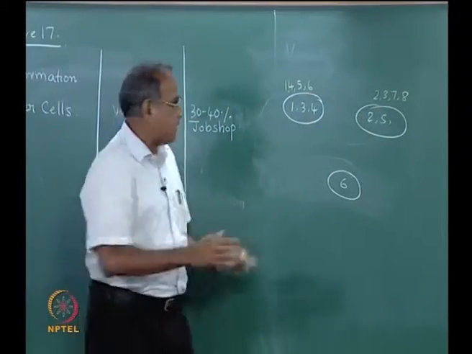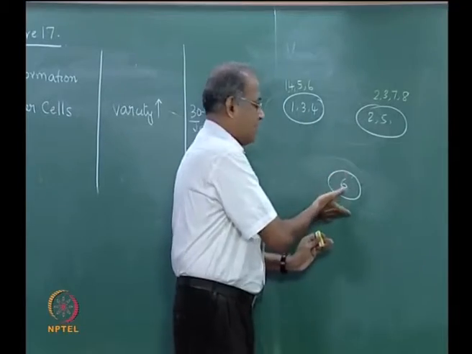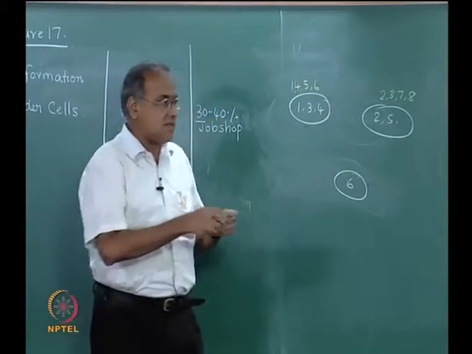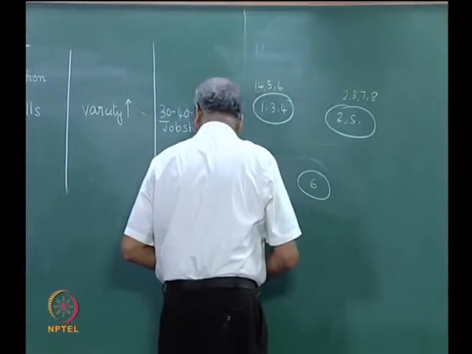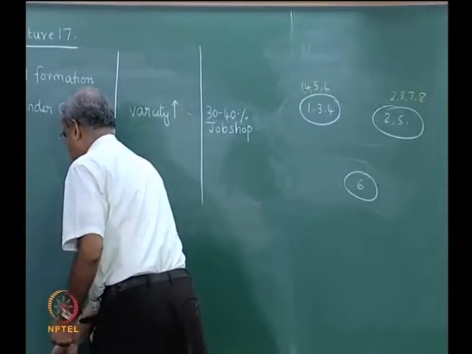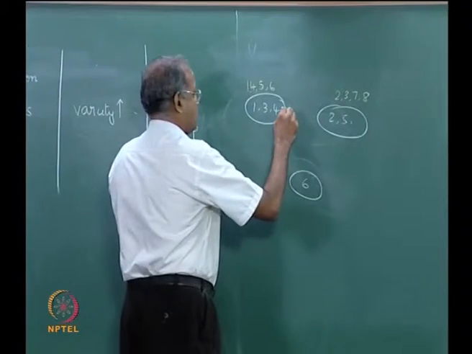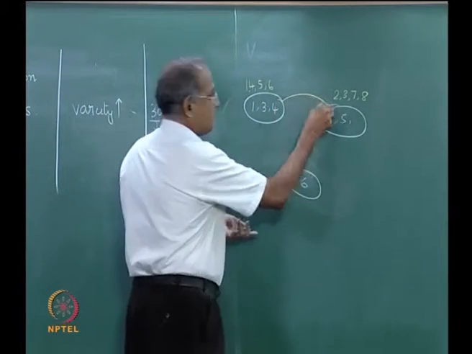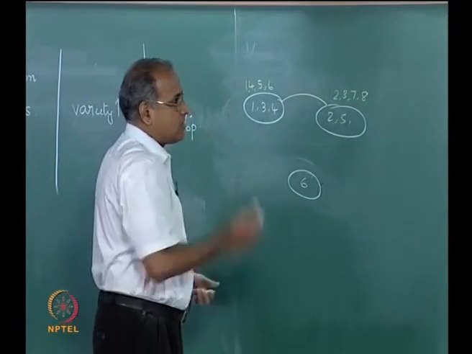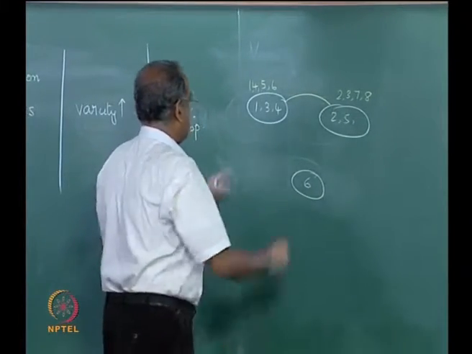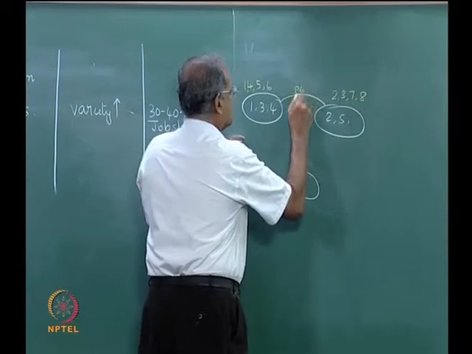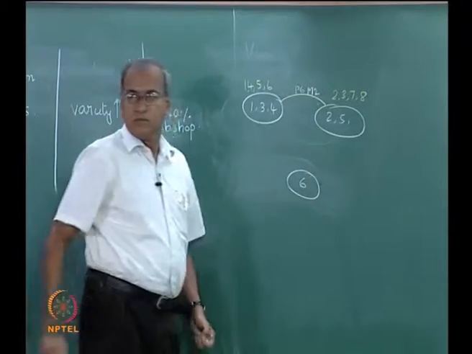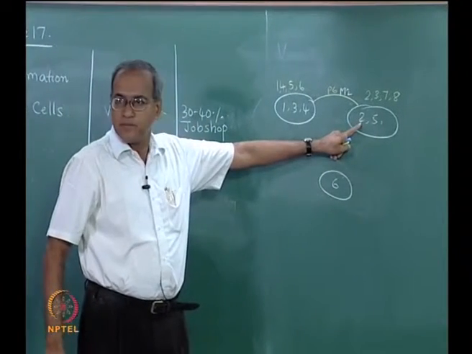It does not treat a part visiting here as an unwanted burden on the cell, whereas if there is an intercell move here, with part 6 going to machine 2, P6 going to M2, M2 is here.